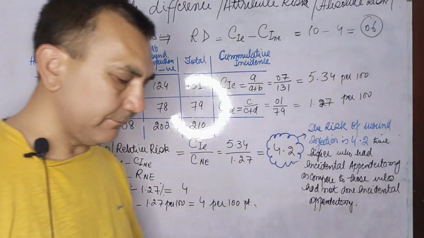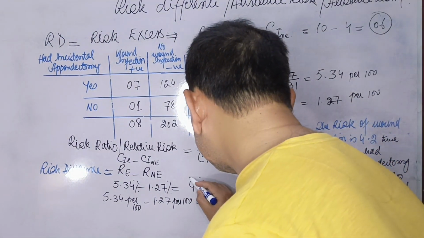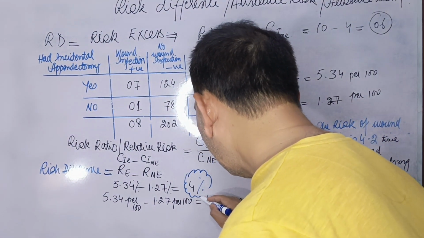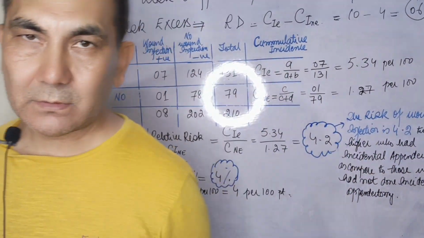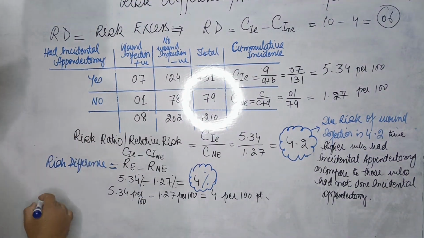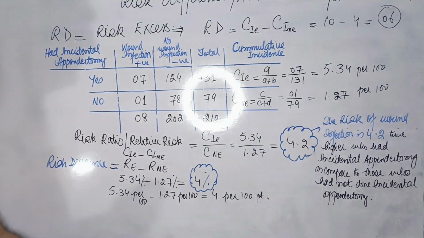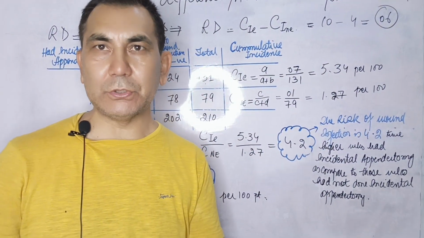persons. Okay, now these 4%, what does it mean, what is the interpretation for this?